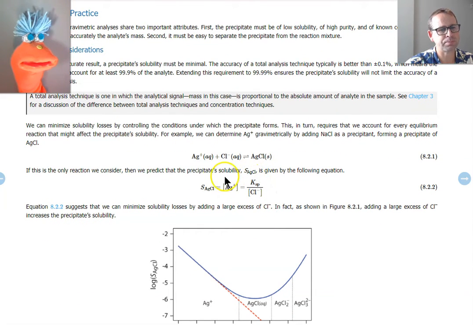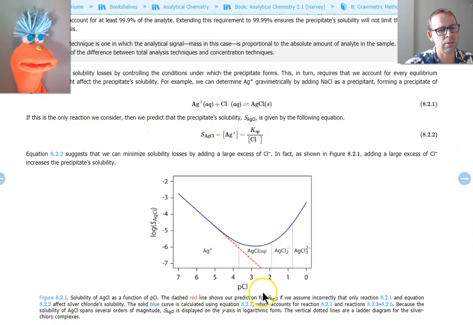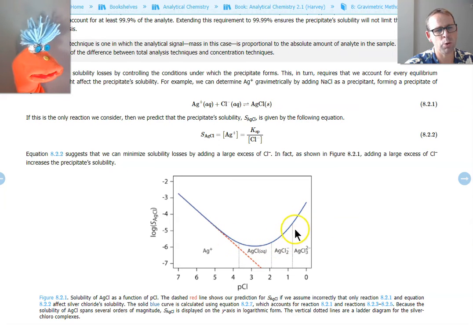And the relative concentration of chloride ion changes the concentration of silver ion in solution as follows, right? As you add chloride ion, the concentration of the silver ion decreases. But then look what happens if you begin to add too much chloride ion. What is this saying is happening as you add more and more chloride ion?